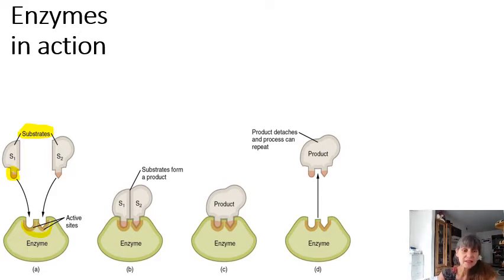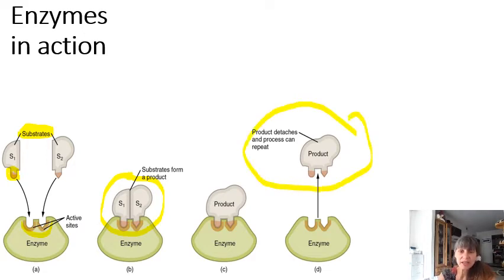When the substrates bind to the enzyme, it assists in forming a product by helping the chemical reaction to occur. And in forming this product, the product is then detached from the enzyme, so the enzyme can repeat the process.